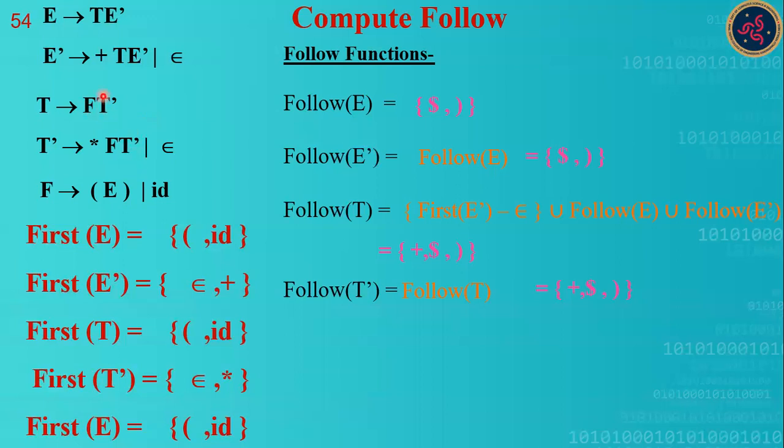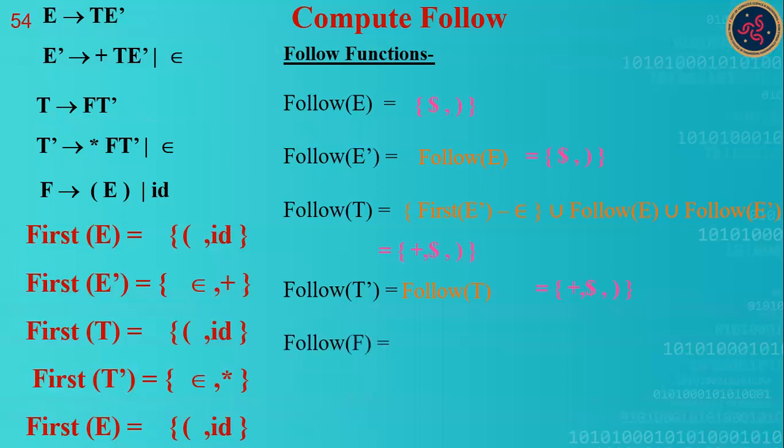When we consider these two productions also, T prime is the variable that comes after the non-terminal F. So if it is a non-terminal, then apply rule number 3, that is first of T prime minus epsilon union follow of T union follow of T prime.